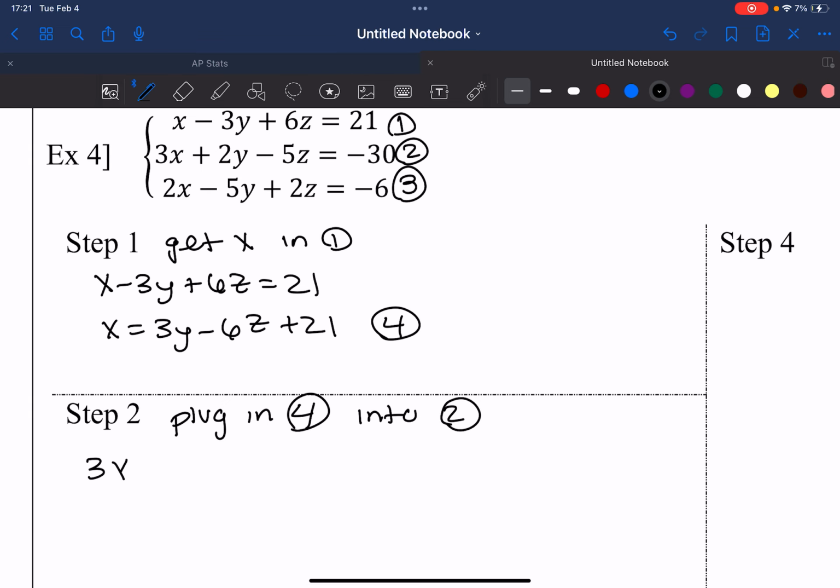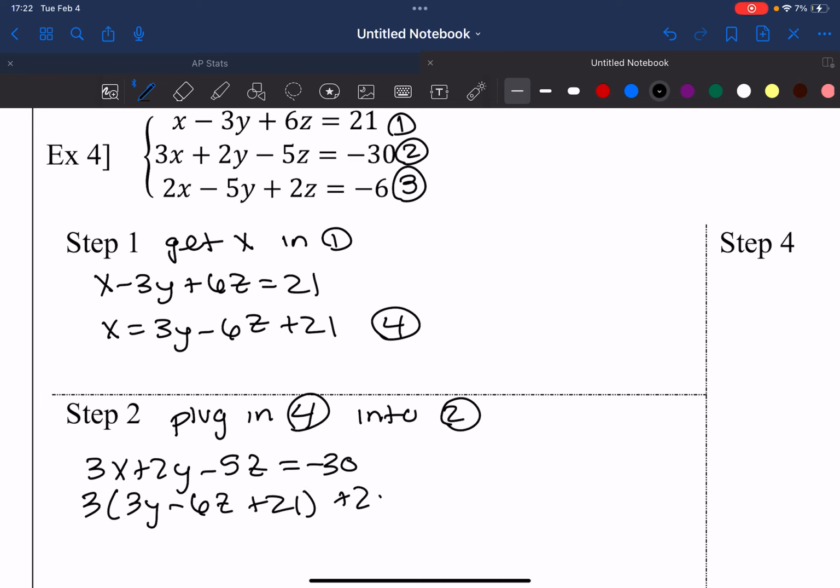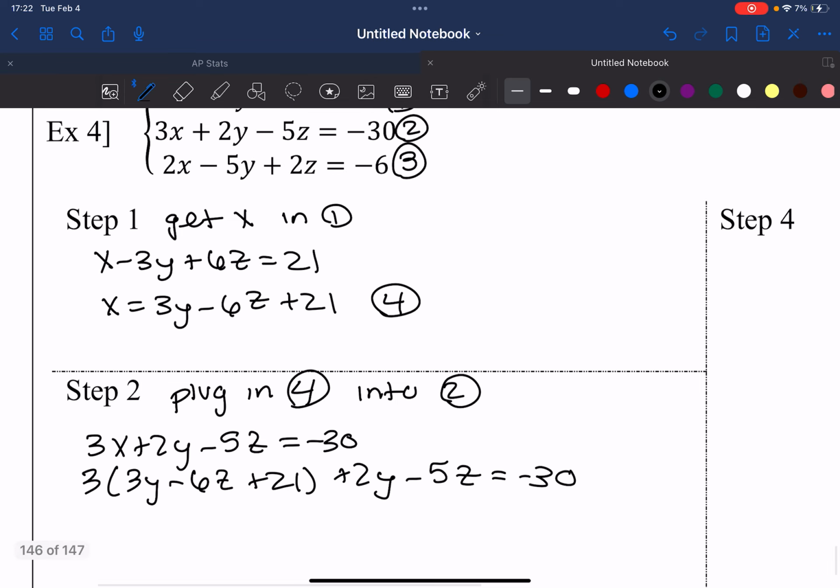2 is 3x plus 2y minus 5z equals negative 30. With 4, instead of x, we're going to put 3 times 3y minus 6z plus 21, plus 2y minus 5z is equal to negative 30. Notice how I only have 2 variables now, y and z. That's the goal.